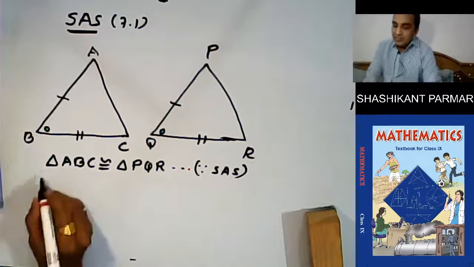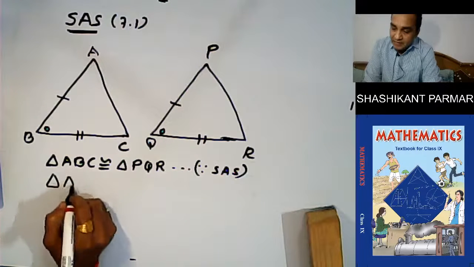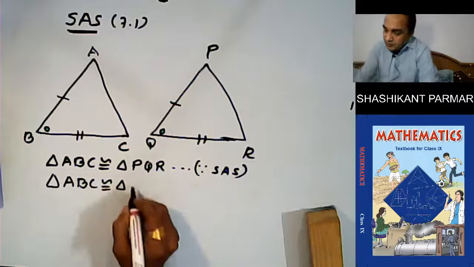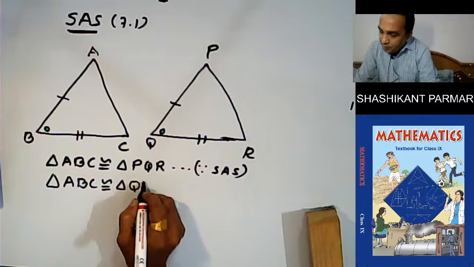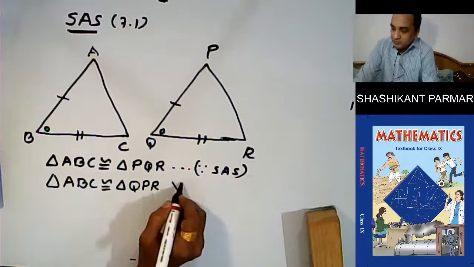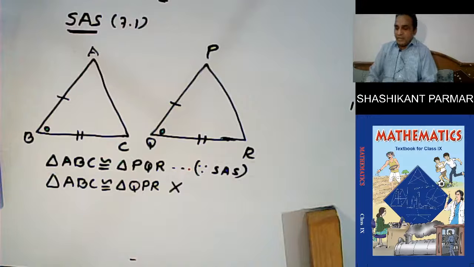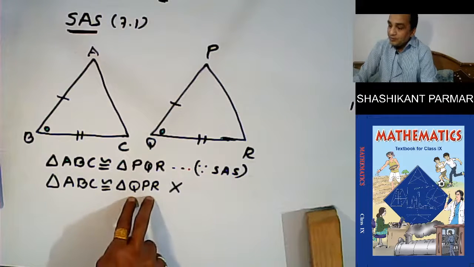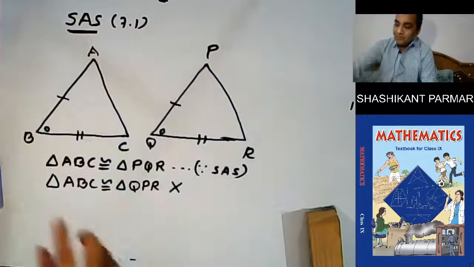That is right, but it is not right to write triangle ABC congruent to triangle QPR. Why? We cannot write like this. Because here side AB of triangle ABC has corresponding side QP.